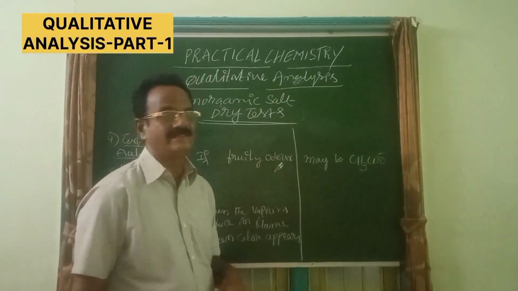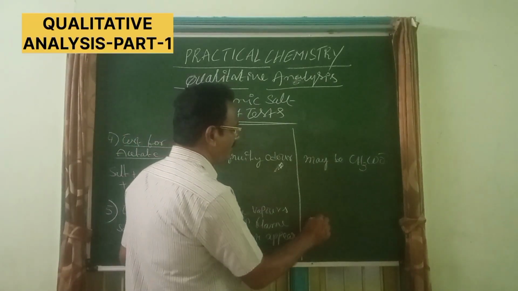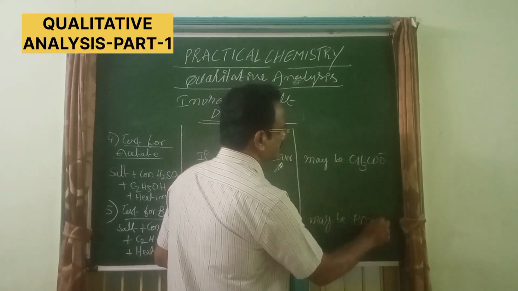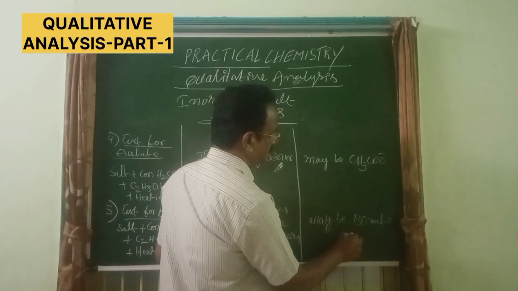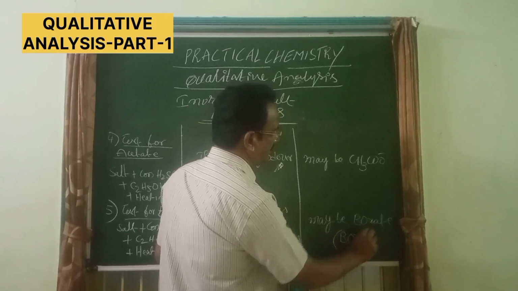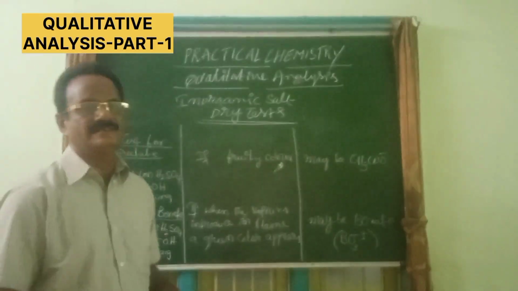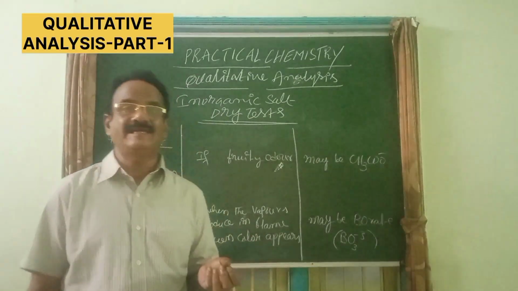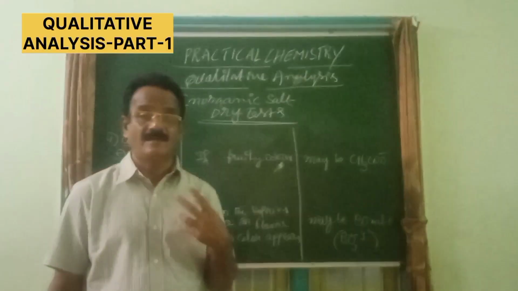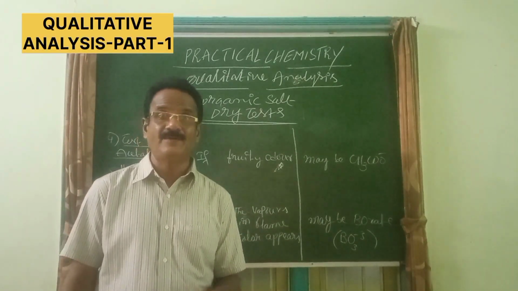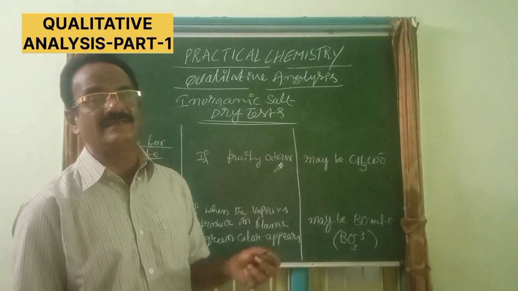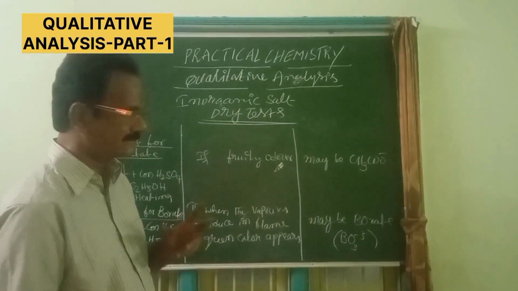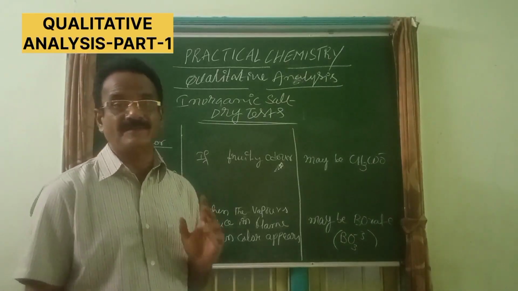This indicates there may be borate. Is it clear? The vapors are because of triethyl borate. They burn in green color when introduced in the flame. So that ethyl borate is an ester. Keep in mind.